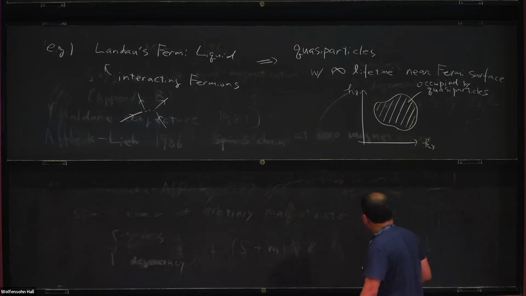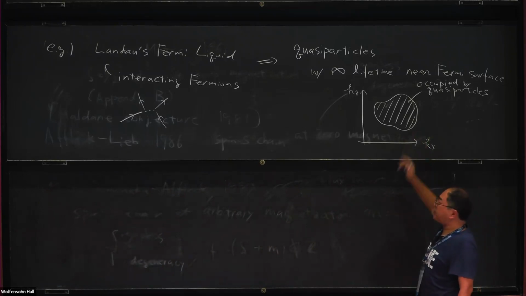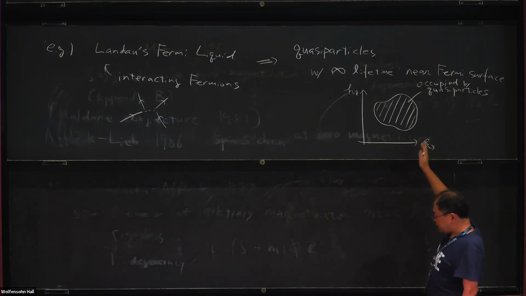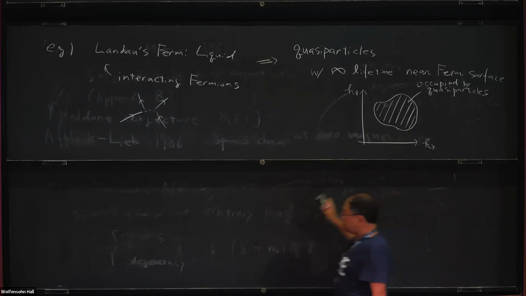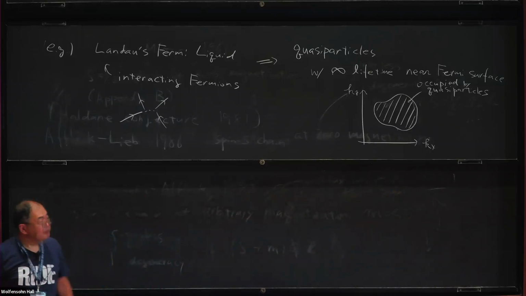Okay, so this is Landau's Fermi liquid theory. So there can be density-density interaction between quasi-particles, but they don't cause scattering in the low energy limit.